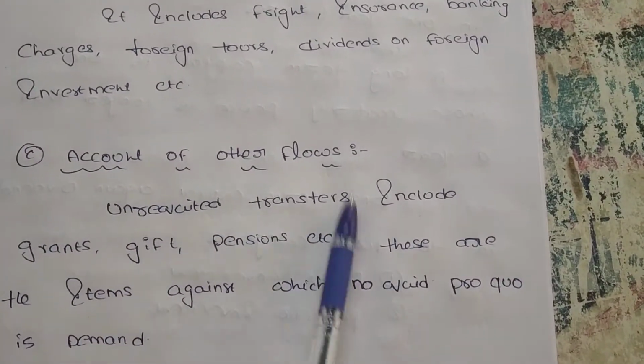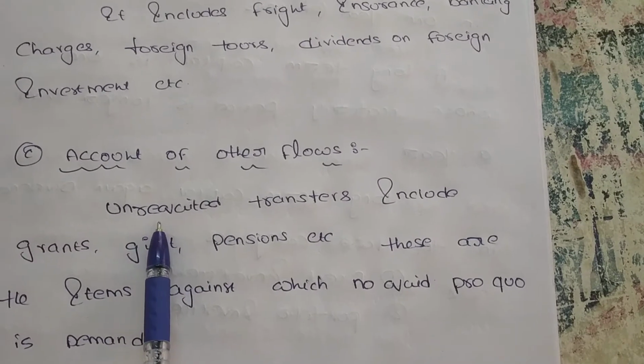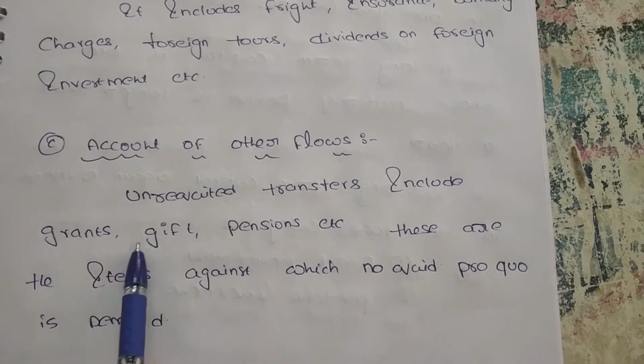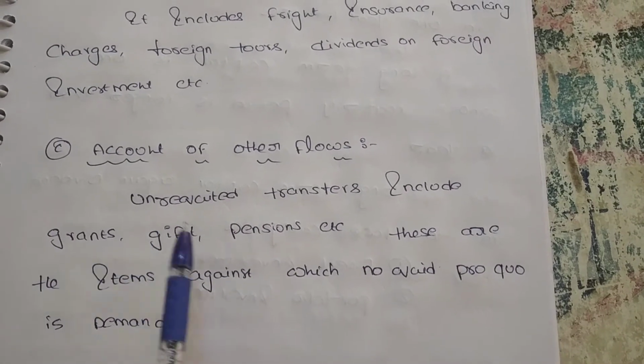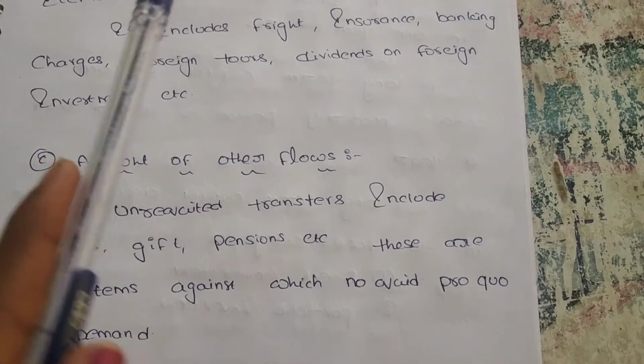Next, account of other flows. Unrequited transfers mean we do not receive anything in return. Grants, gifts, pensions: there is only one flow, no other flow.